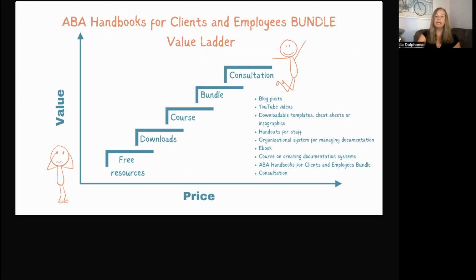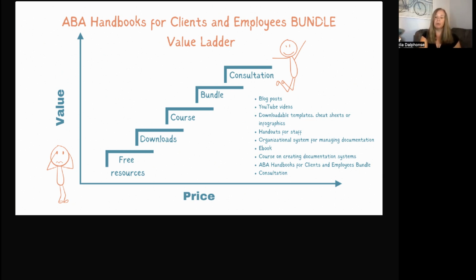So the value ladder that you would create for something like this would include things like blog posts, YouTube videos, downloadable templates, cheat sheets, or infographics. You can include handouts for staff and an organizational system for managing documentation. You could write an ebook on how to set up an ABA company.